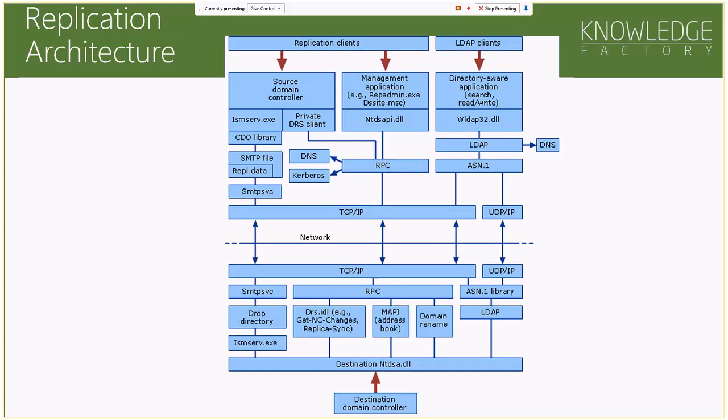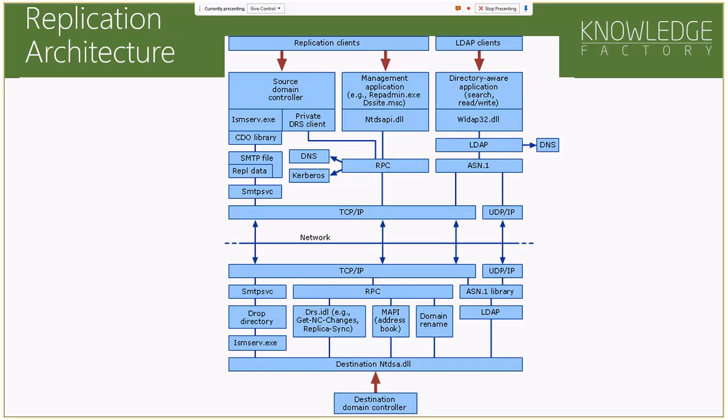The WLDAP32 DLL is a client library with APIs for access to the directory service. ASN.1 is used to encode and decode LDAP requests for transport over TCP/IP or UDP/IP. DRS.IDL is a set of functions for replication and maintenance.